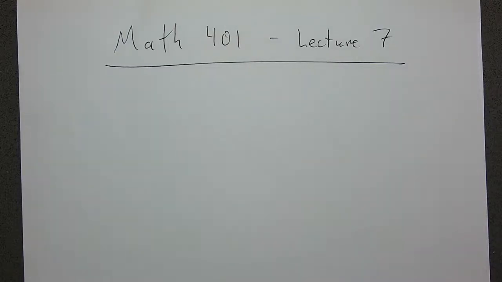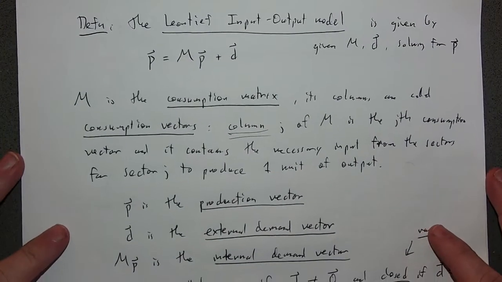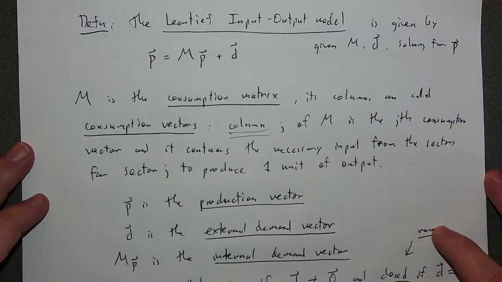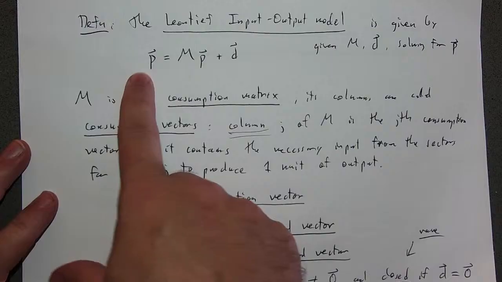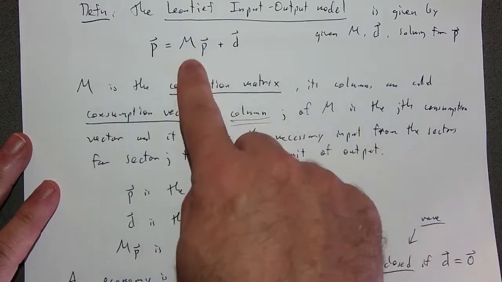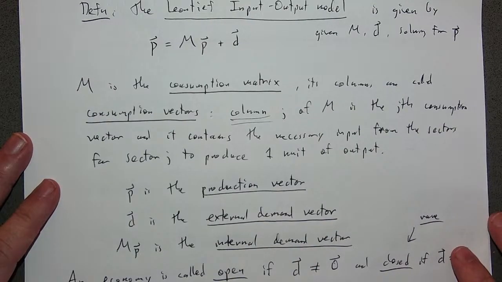So we had written the general form of this input-output model we discussed. It looked like this, and we gave names to all these quantities. We had our production vector P, M is the consumption matrix, D is the external demand vector, and M times P is itself a vector that is the internal demand vector.